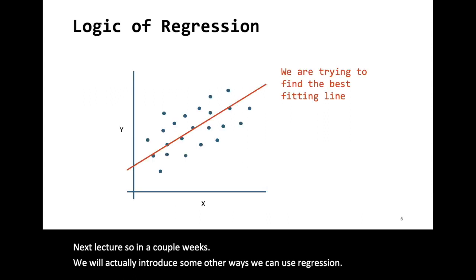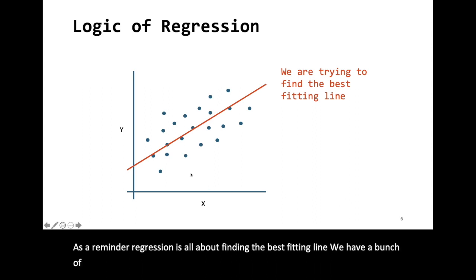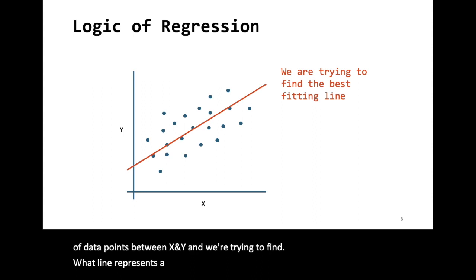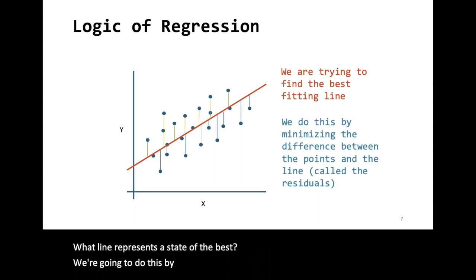As a reminder, regression is all about finding the best fitting line. We have a bunch of data points between x and y, and we're trying to find what line represents this data the best. We're going to do this by minimizing the difference between the points and the line. These are called residuals.